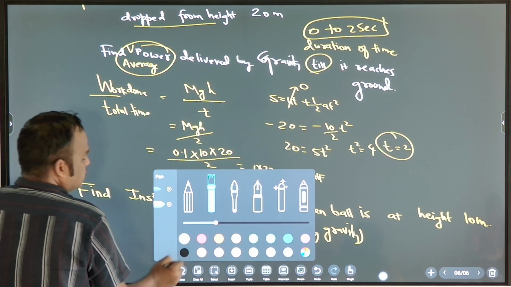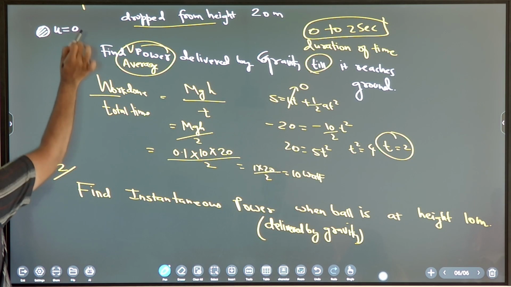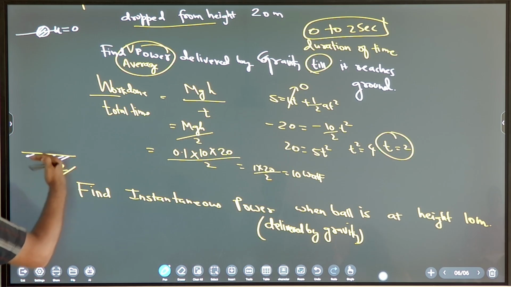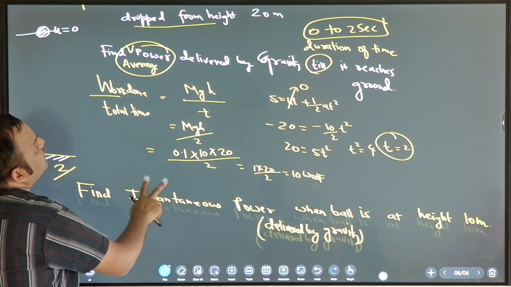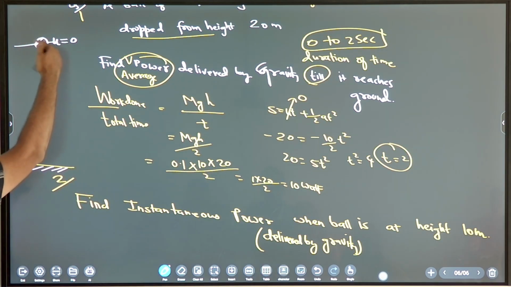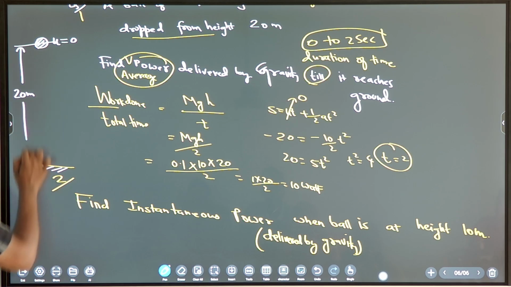So what is the initial velocity of the stone? Initial velocity 0. And what is the initial height? Initial height 20. So this is 20 meter.